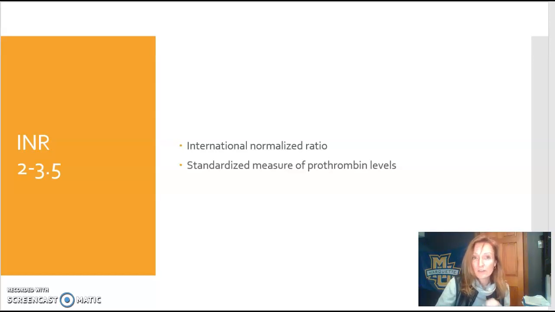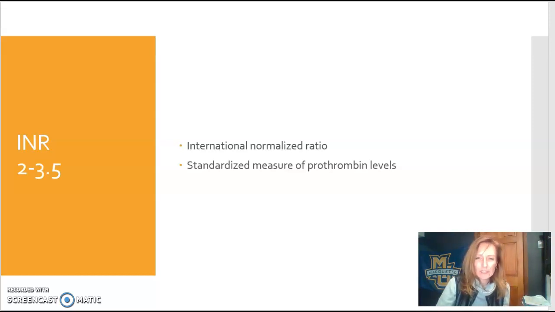So the INR, and this is a huge pens up, you're going to need to know this forevermore in med-surg and as a nurse and NCLEX. The INR should be 2 to 3.5 times what it normally is, okay? So the INR, you really want to look at that number. It should be 2 to 3.5.